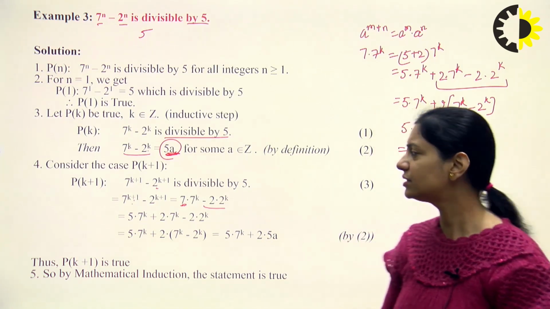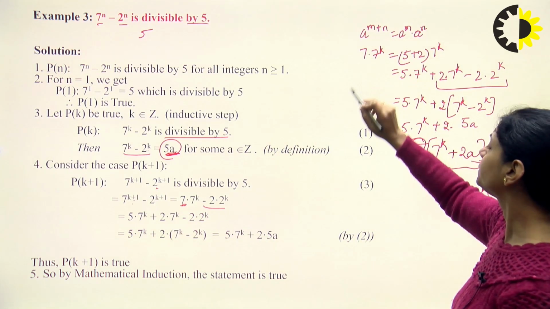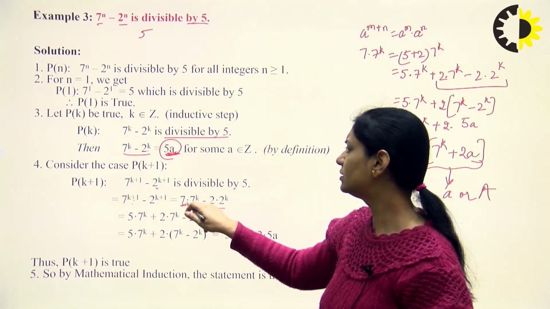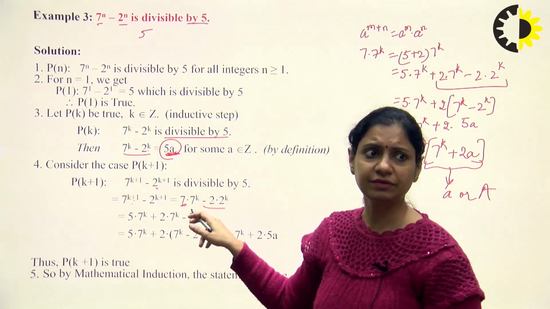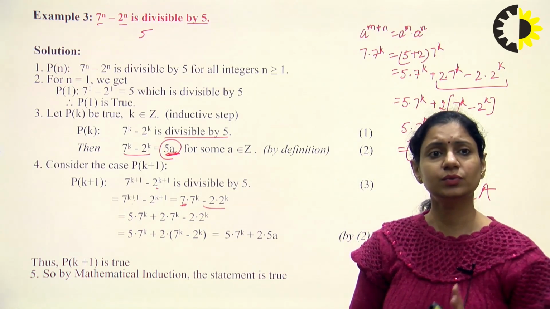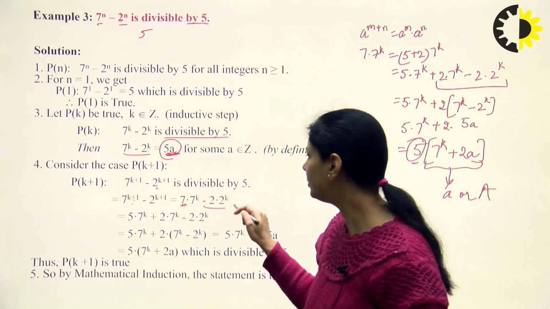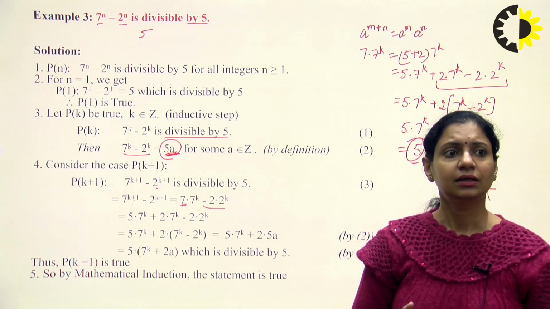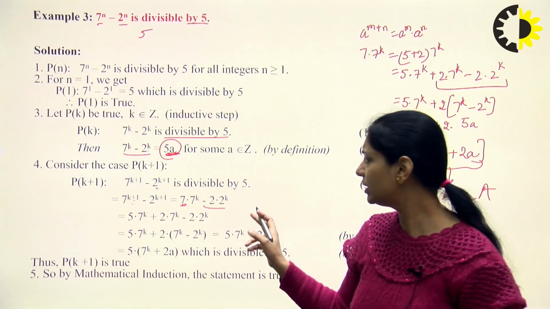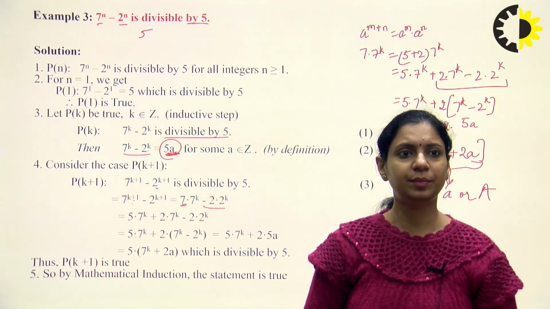Using this definition, we got 7 to the power k plus 1 is equal to 7 to the power k into 7. Further, we divided this 7 into 5 plus 2 because we needed two things. The first one was something to be a multiple of 5, and something to be related to 2 over here. So, we broke this 7 into 5 plus 2.